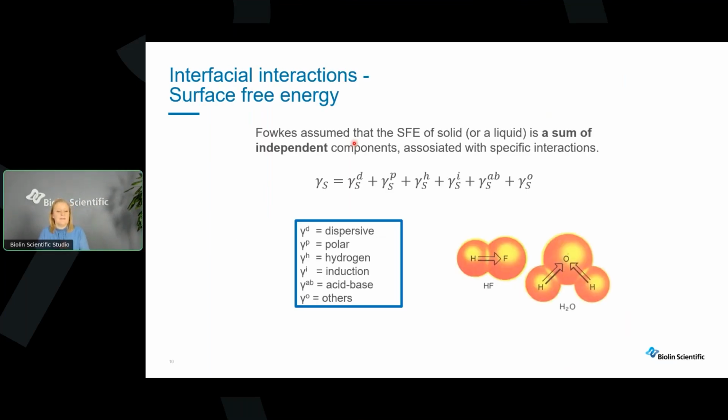But if we now move on to more typically used surface free energy theories, they are basically all based on the idea that we have different types of interactions on our surfaces between the molecules of the materials. So we can divide the surface free energy into different components based on the interactions between the molecules.